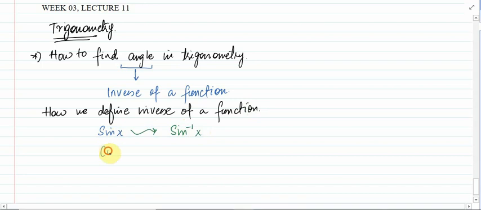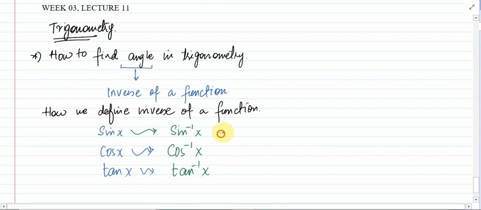Similarly, if a function is cos x, its inverse will be cos inverse of x. Tan x, it will be tan inverse of x.